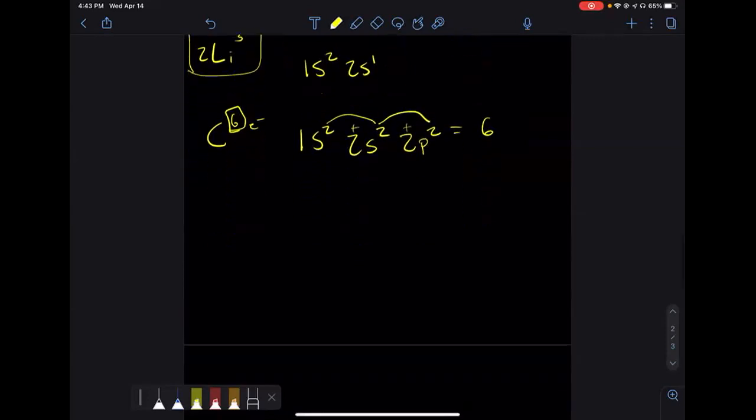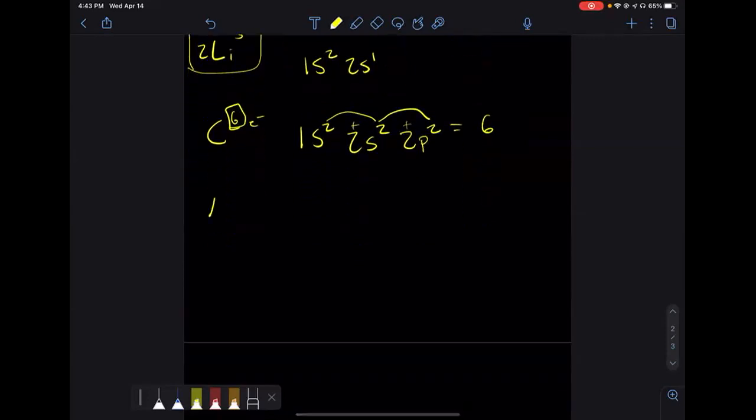Okay, a couple more examples. Let's go with neon. Neon has 8 valence electrons. I mean, it has the full octet. So let's talk about what that means.